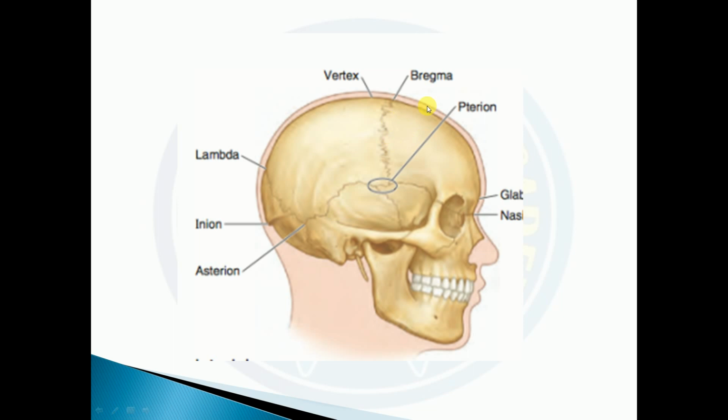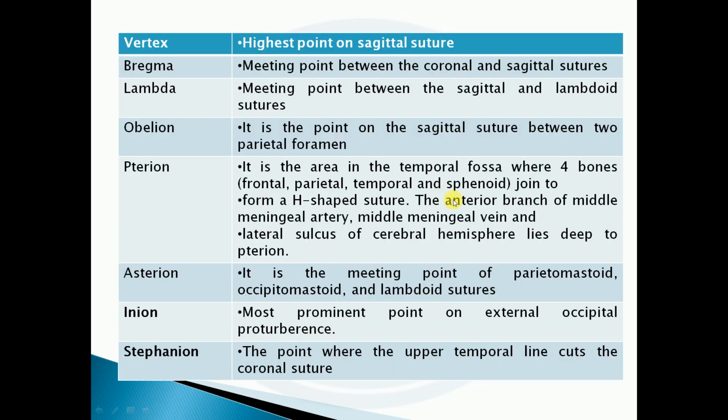See, this is the pterion. It forms the H-shaped suture. The anterior branch of the middle meningeal artery, middle meningeal vein and the lateral sulcus of the cerebral hemisphere lie deep to the pterion.